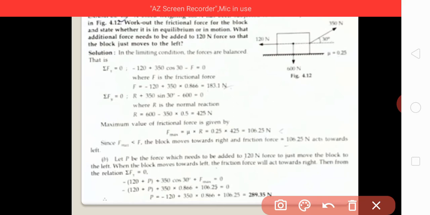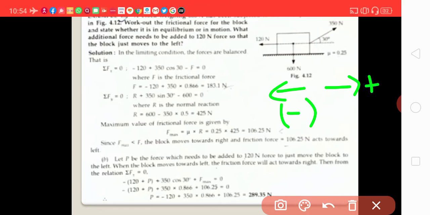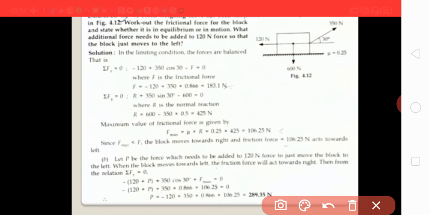Here summation Fx equal to 0, that is, the horizontal components of the forces equated to 0, considering the condition of static equilibrium. We have taken the forces towards left as negative and towards right as positive. So minus 120 plus 350 cos 30.